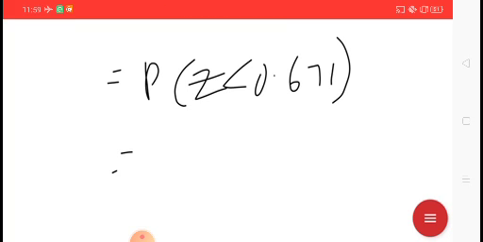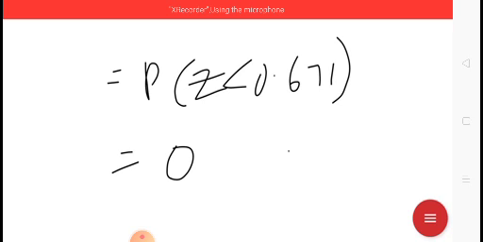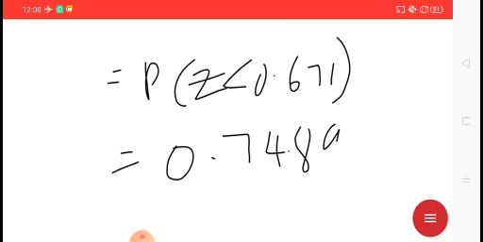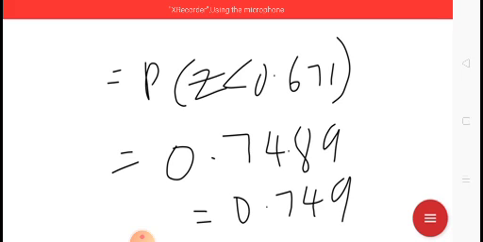If you look at the table, the value for 0.671 is 0.7489. You may simplify, so your answer becomes 0.749. So this is the last question for Poisson where you need to do the approximation.